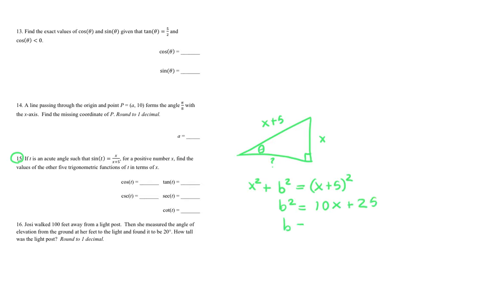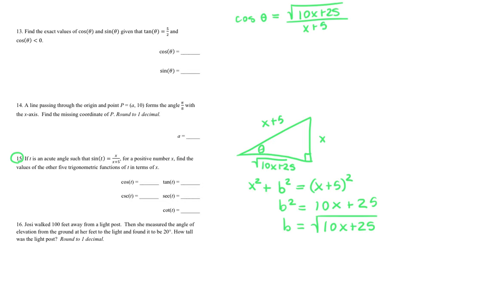So b equals the square root of 10x plus 25. Okay, so now we can label that side on our triangle, and we can start to make our other ratios. So cosine of theta is going to be adjacent over hypotenuse, so that should be the square root of 10x plus 25 over x plus 5.